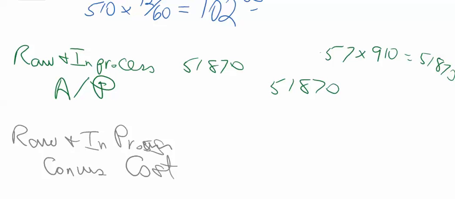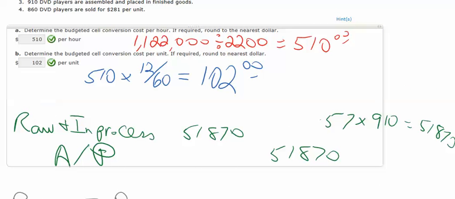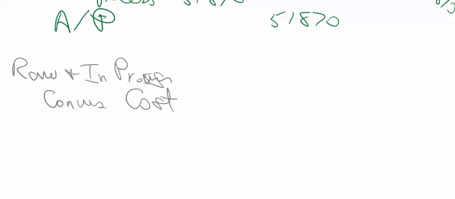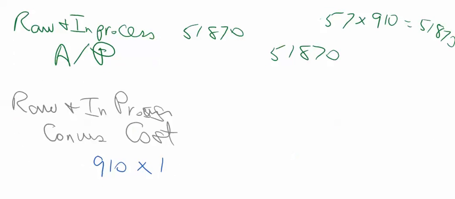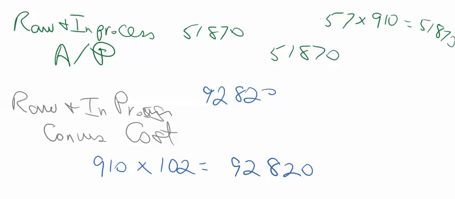The amount that I'm going to be doing that for is the $102 we determined here. That's my conversion cost per unit. So I'm going to take the 910 units times $102. So 910 times 102 is 92,820. So I'm going to be debiting my raw and in process for 92,820. I'll credit my conversion cost for 92,820.